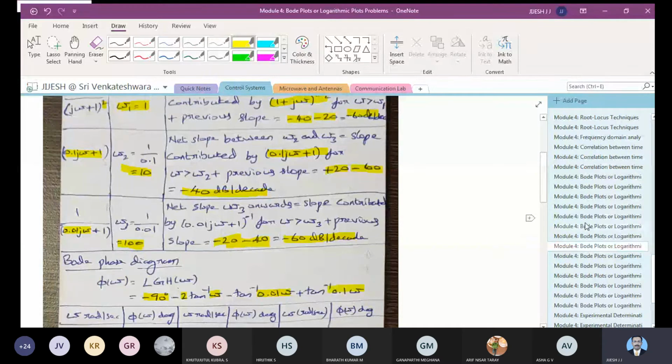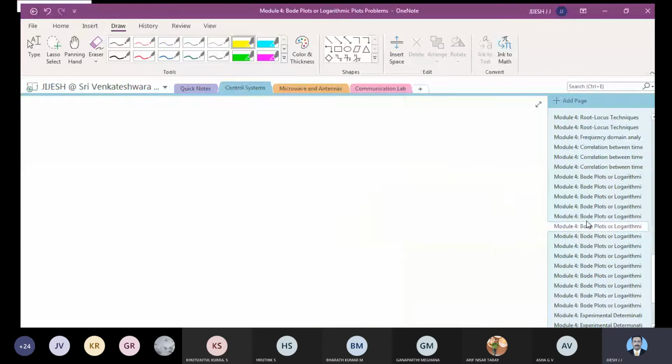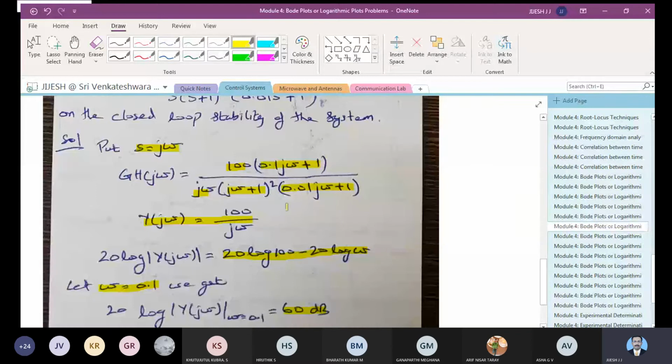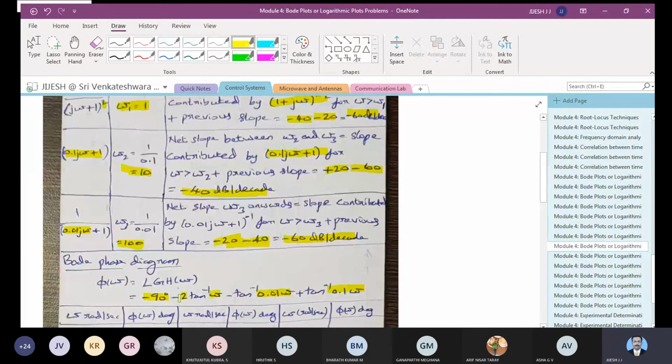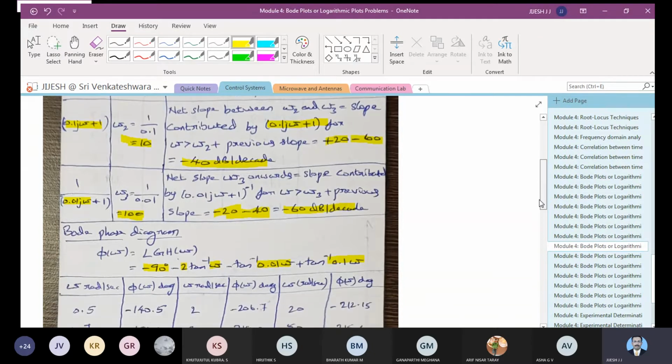So you can see the general equation which we have written in the starting class. With the help of that, you can write it in this form: minus 90 minus 2 into tan inverse of omega minus tan inverse of 0.01 omega plus tan inverse of 0.1 omega. So you will get this term.